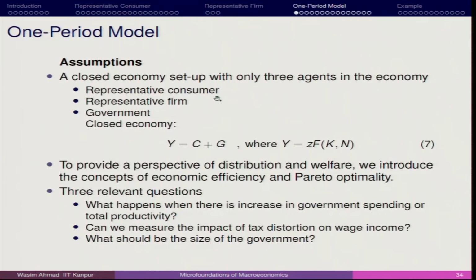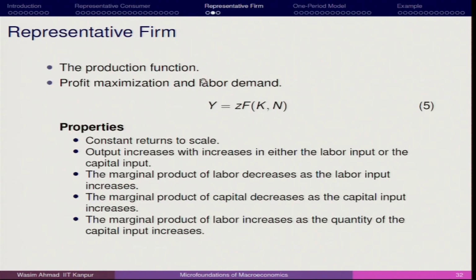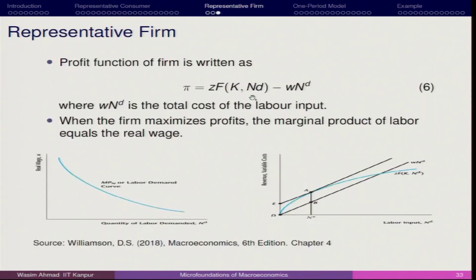Now, once I have defined this particular part, what is critical in the case of the representative firm is that it has a well-defined production function and profit-making objectives. Profit-making objective is here: pi is equal to ZF(K, ND) minus W ND.